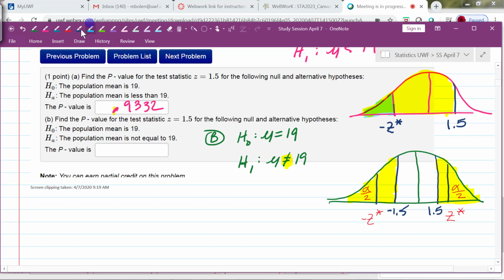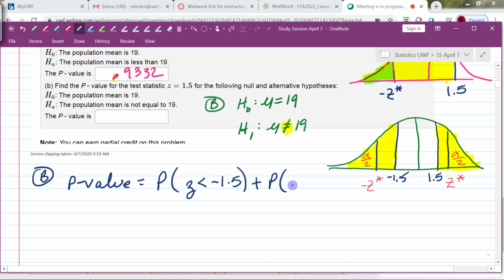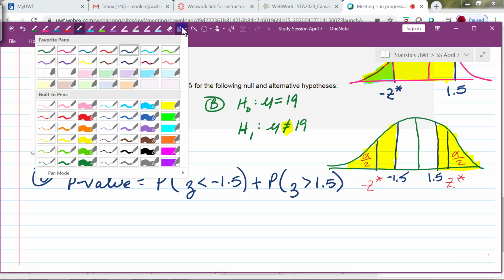My p-value for my two-tailed test, part B, is going to be equal to the probability that z is less than negative 1.5 plus the probability that z is greater than positive 1.5. So it's the yellow area here.